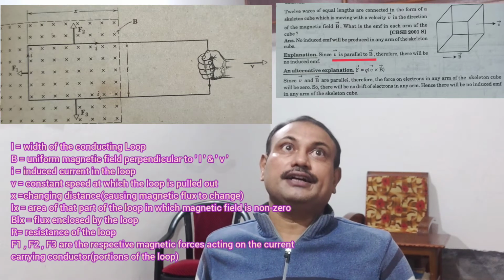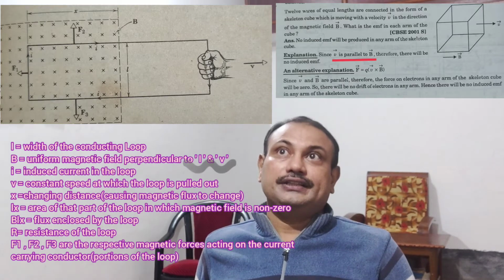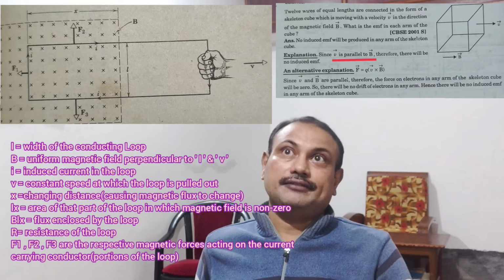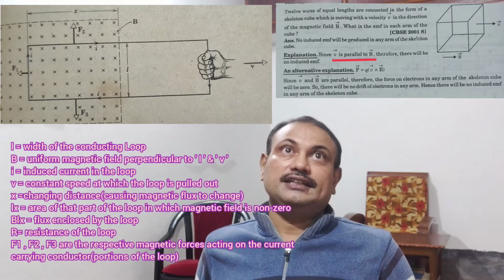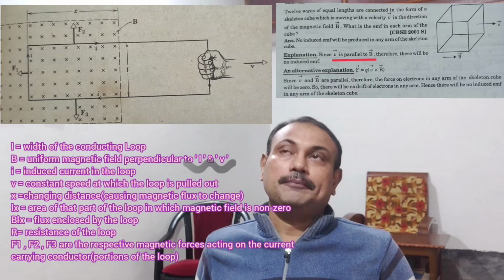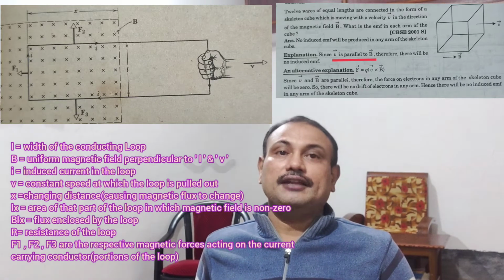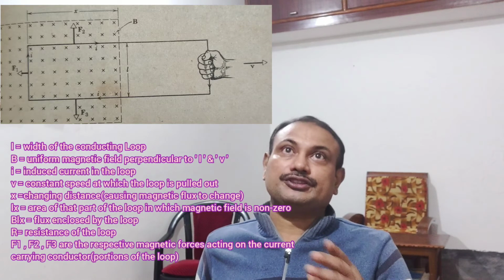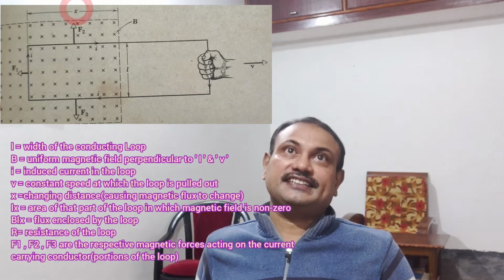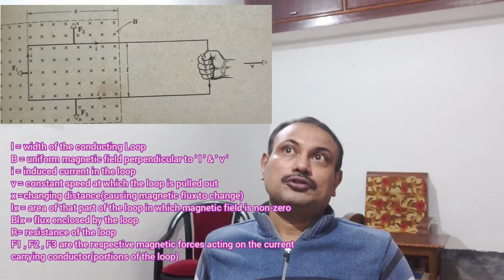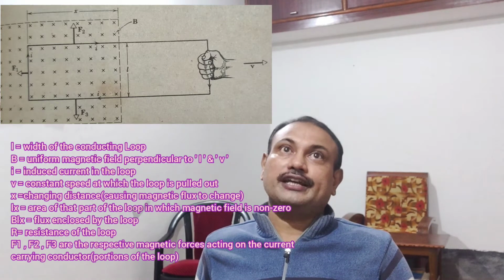But here we will consider that the width of the conducting loop and the velocity, or the speed with which it is pulled out, are both perpendicular to the magnetic field, which is externally provided, and v is the constant speed with which the loop is pulled out. x is the changing distance which is causing the magnetic flux to change, and therefore phi is equal to B L x, that is the flux enclosed by the loop.